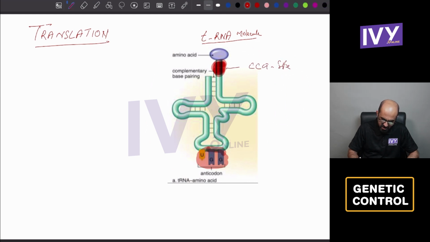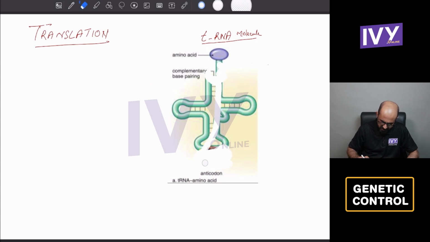The CCA site is the site of attachment for the amino acid, and this is called the anticodon. This site is used to interpret the messenger RNA.